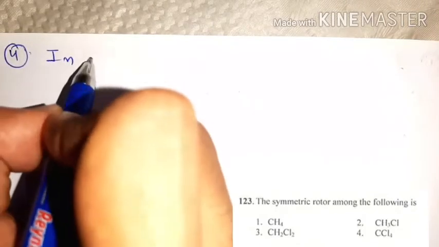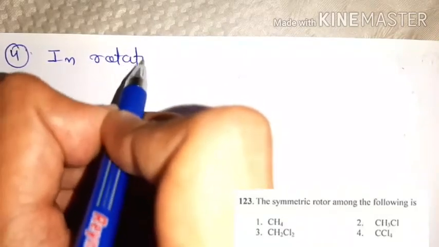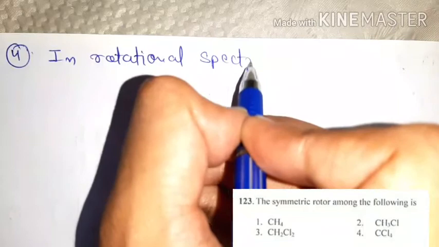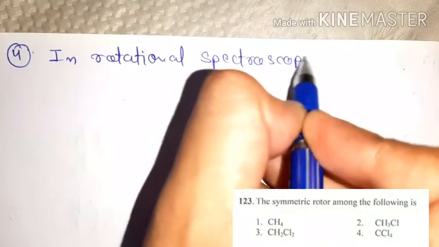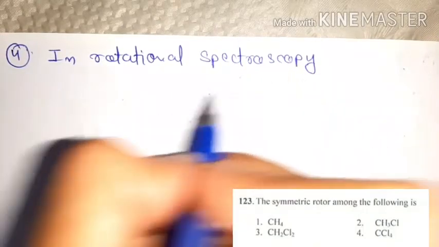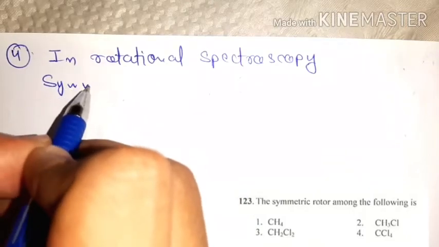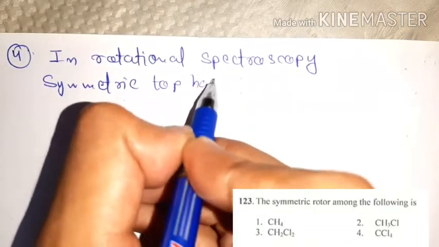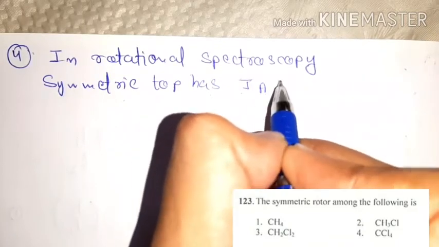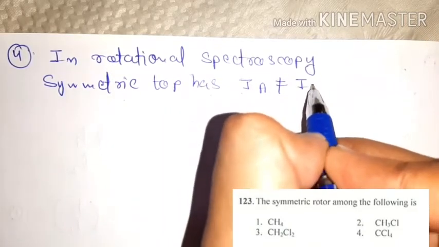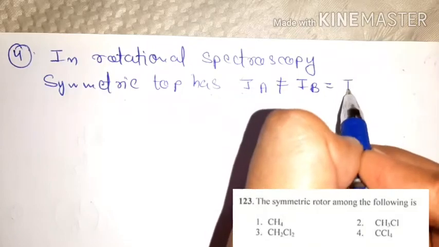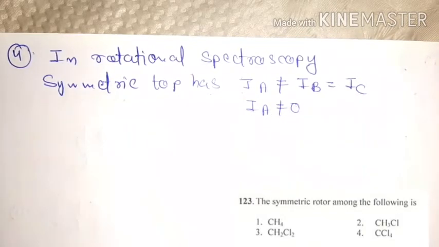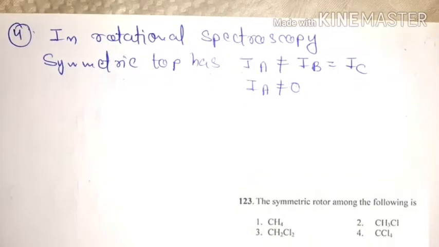In rotational spectroscopy, a symmetric top has IA not equal to IB, but IB is equal to IC. Here you clearly see that IA is not equal to 0. This is the condition for a symmetric top molecule.